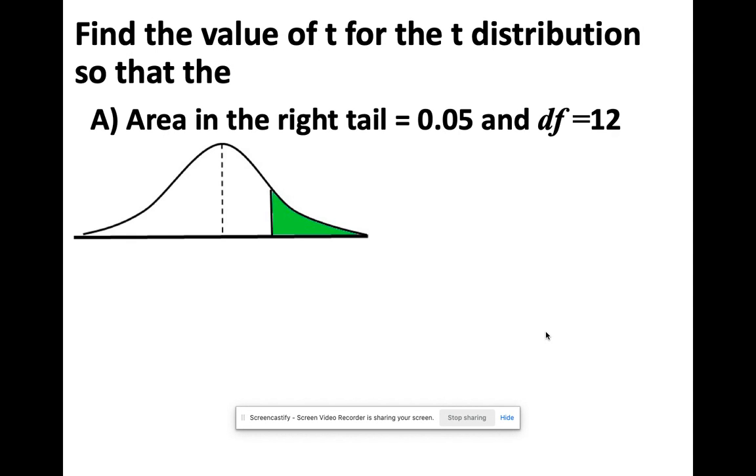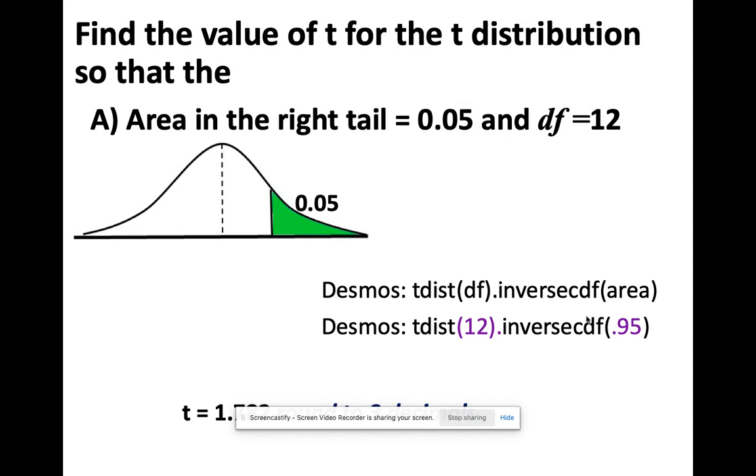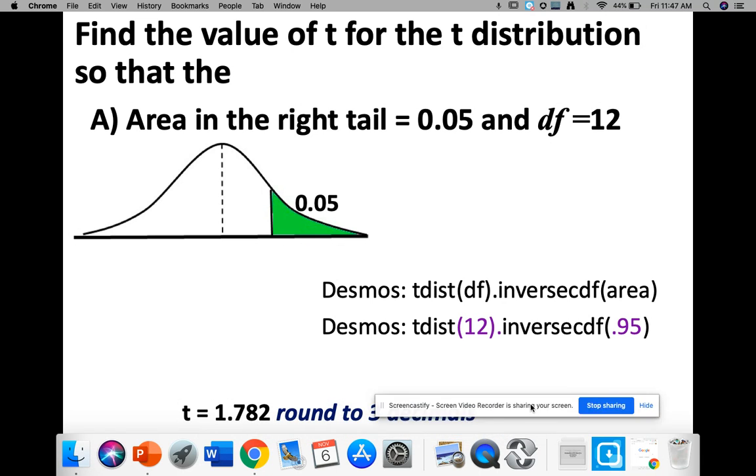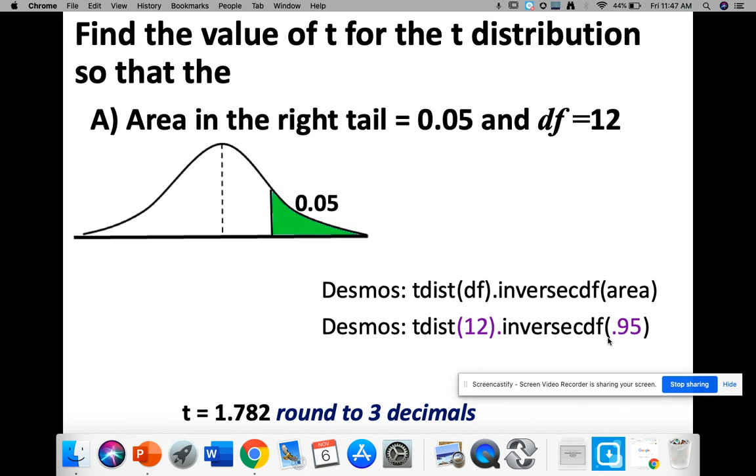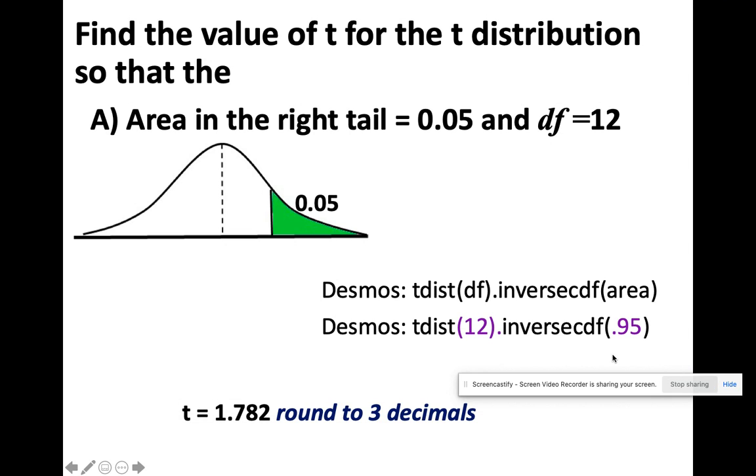The way that finding the t-score works, we need to know the area, and we need to know either the sample size or the degrees of freedom. In this example, we know the degrees of freedom is 12, and the area in our right tail is 0.05. Well, if we're going to use Desmos, we have to choose the t-distribution and the inverse CDF.